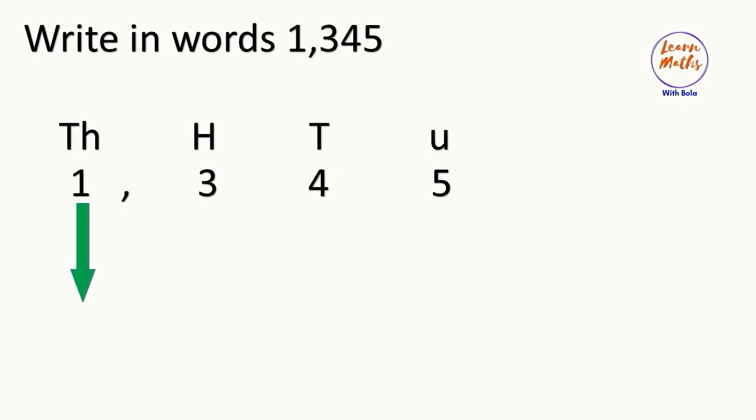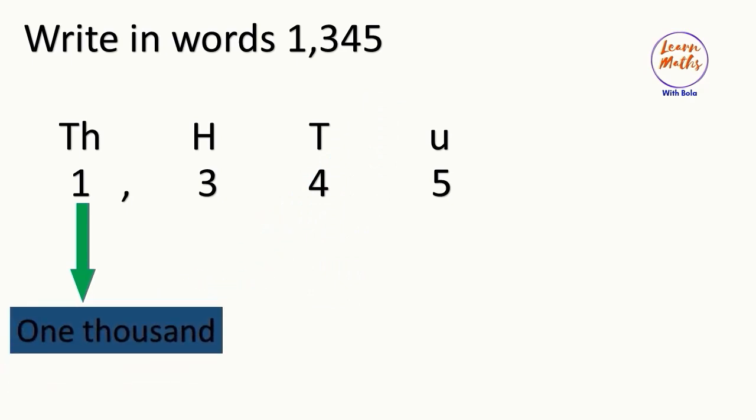So we write 1 as 1,000. Why? Because the position of 1 is thousands. So we write the number 1 as ONE, then we write the position thousand to show that the position of that one is thousand.